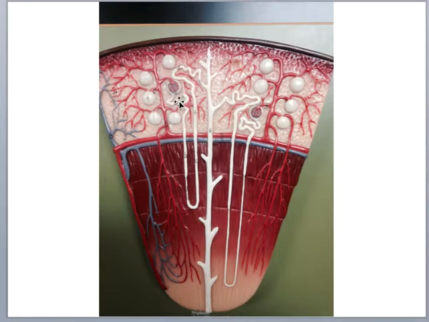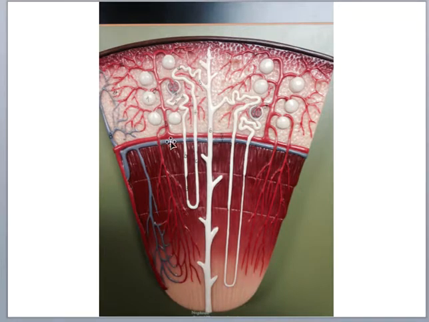Of this particular renal corpuscle, this would be our proximal convoluted tubule, descending loop of Henle, ascending loop of Henle, distal convoluted tubule, and collecting duct. You can see that multiple distals would enter into a single collecting duct. So a collecting duct doesn't belong to any one nephron, but rather several nephrons will empty into a single collecting duct.